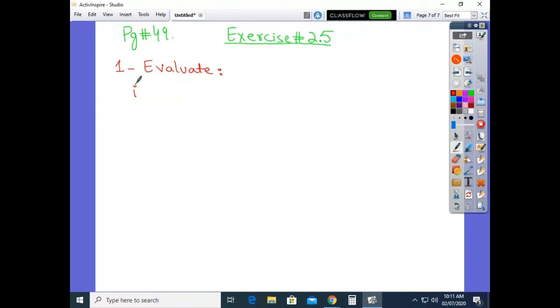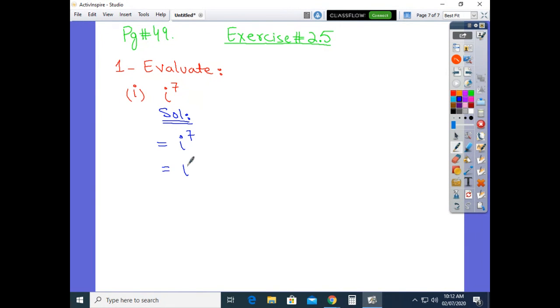The first part is iota raised to power 7. Here we find the value of iota raised to power 7. First of all, we write iota 7.